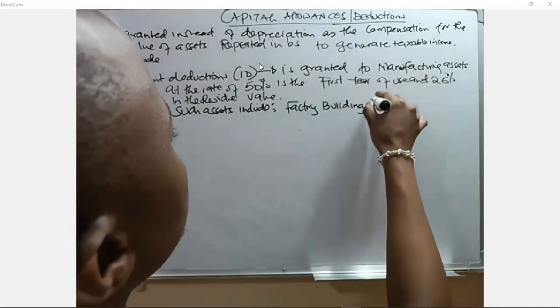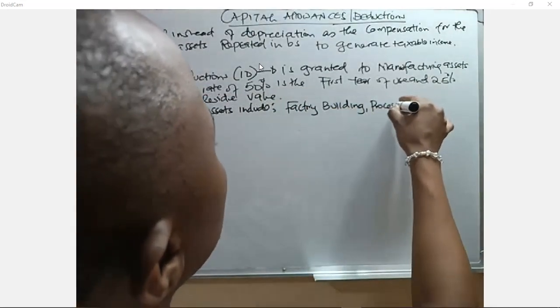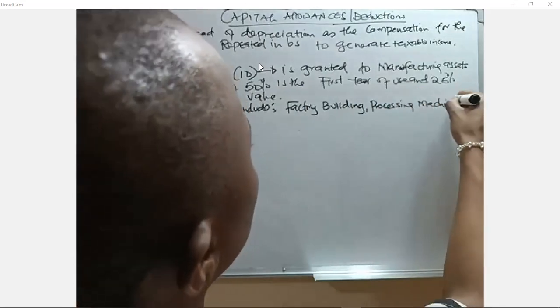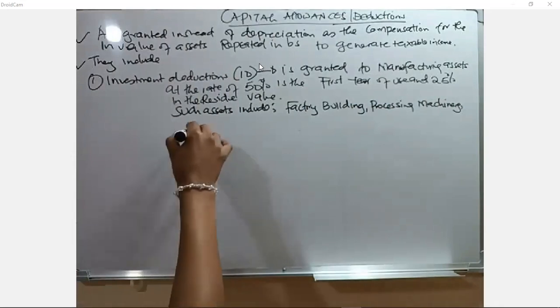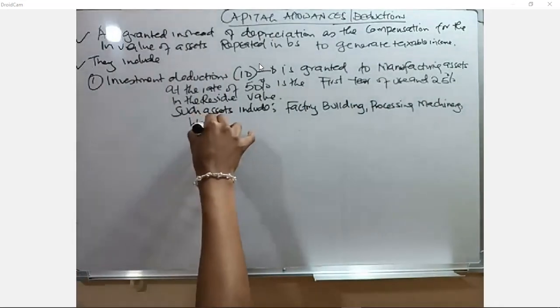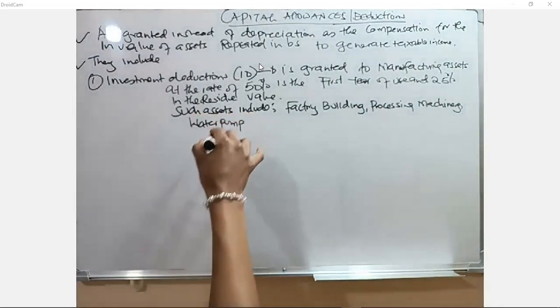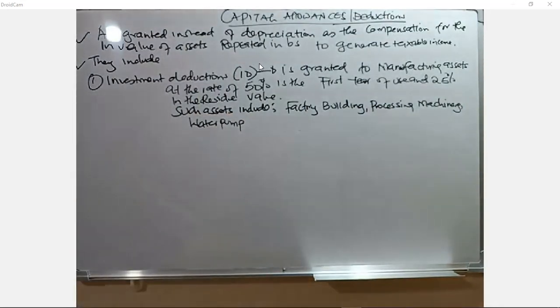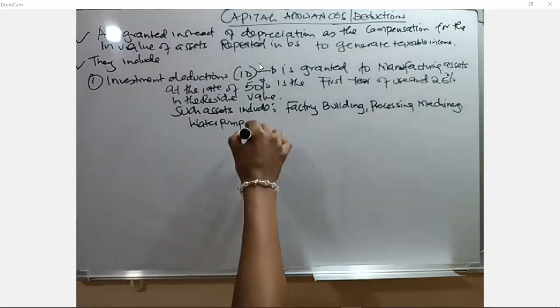We normally have processing machinery, right? We normally have water pump, right? Sometimes you might be asking me about the water tank. I will be able to show you where it falls. We normally have conveyor belts.